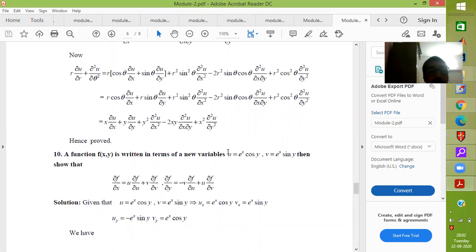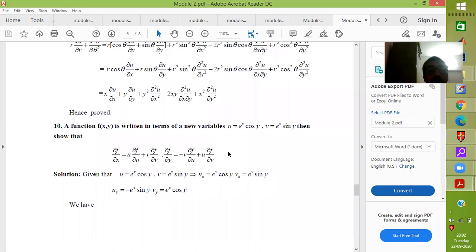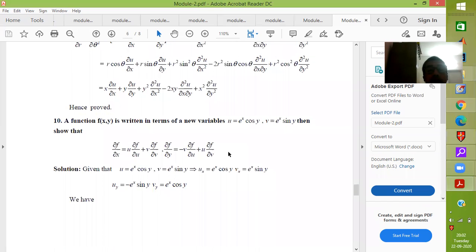And then we've got question number 10, in which we have a function, let us say f(x, y), where x and y are connected to two new variables u and v. What can also be imagined is that f is a function of u and v, where u and v are functions of x and y.